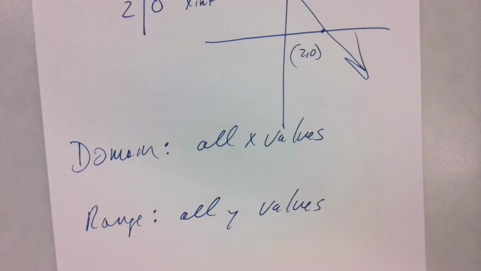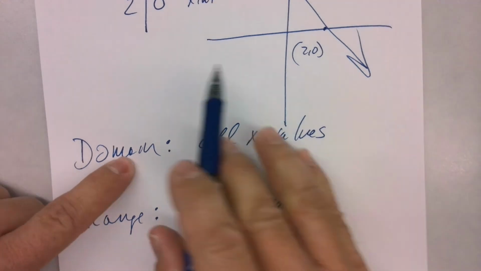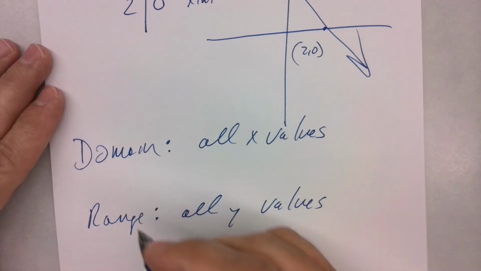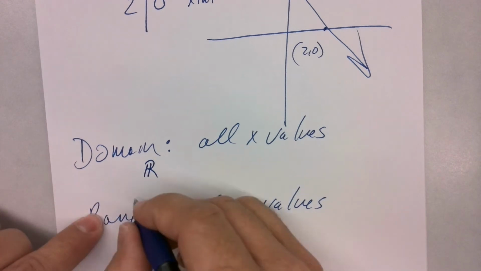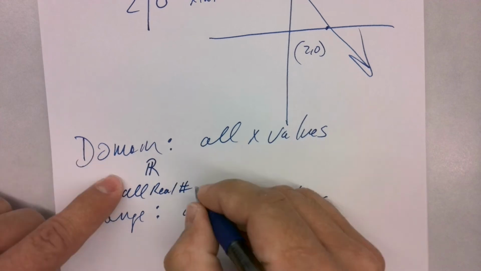Now, most of the time, if I've got any line that looks like this, what is my domain going to be? Which x values will that graph cover eventually? Okay, so there's 2 ways to do it. I could do the old patented double-looking R like that, which stands for all real numbers. Okay, and that's fine.